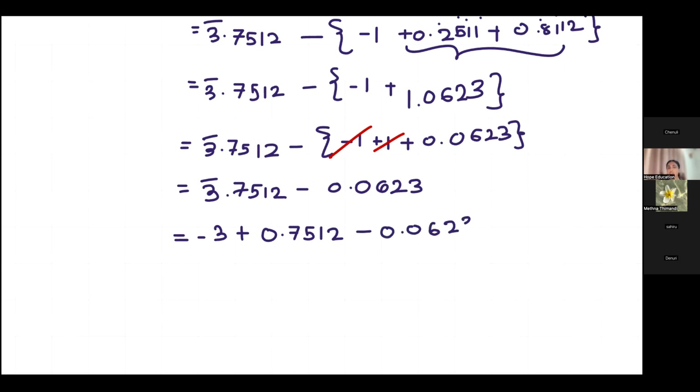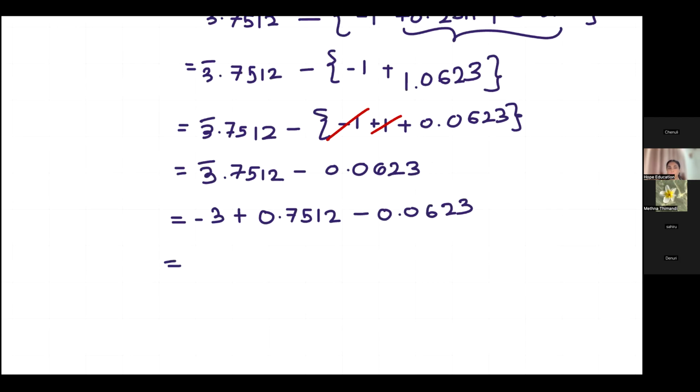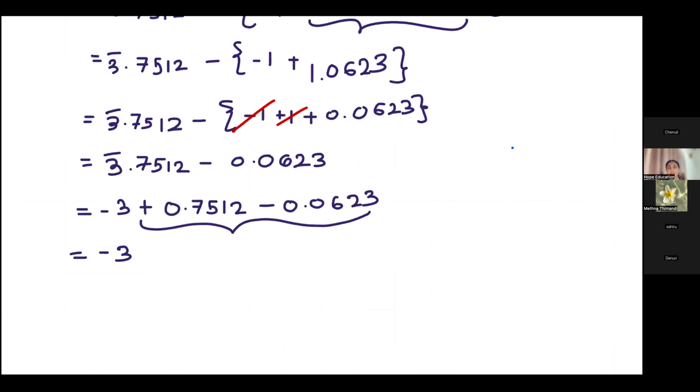There's nothing much we have to do in terms of the characteristic. So we have minus 3. Here only we have to do the subtraction. 0.7512 minus 0.0623.